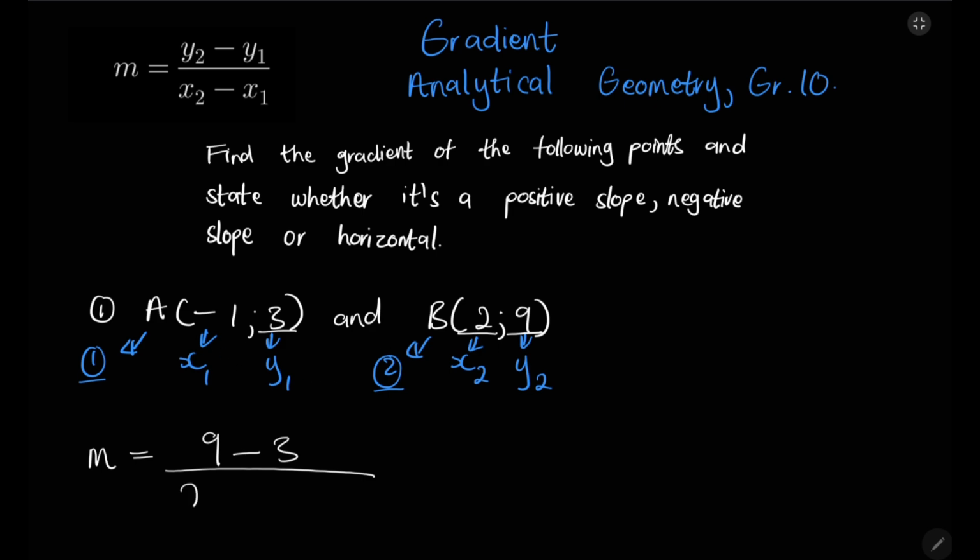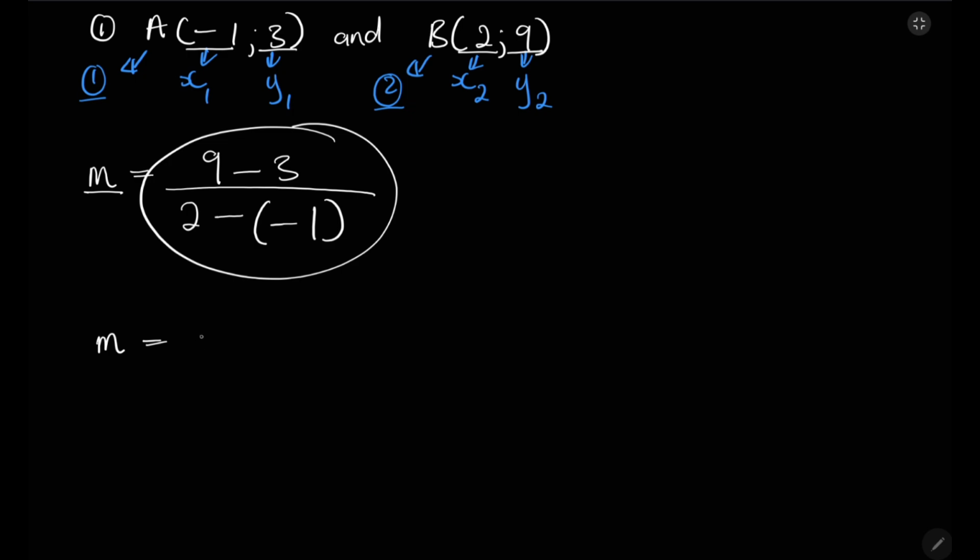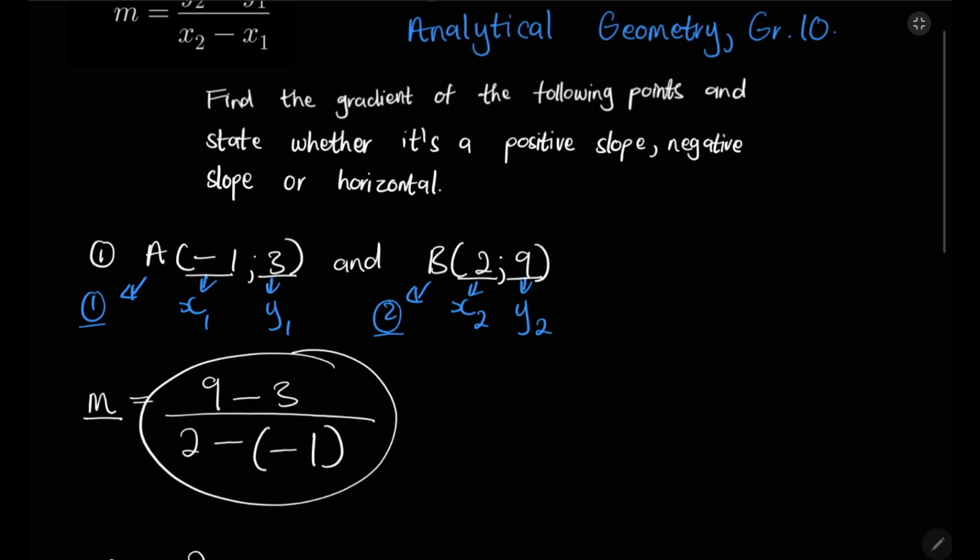There's your x2. It's 2 minus x1. x1 is -1, so this should be in a bracket, -1. Now let's punch this in a calculator, and your answer should be, you still have to write down this m, is equal to 2. So you now know the gradient of point A and B.